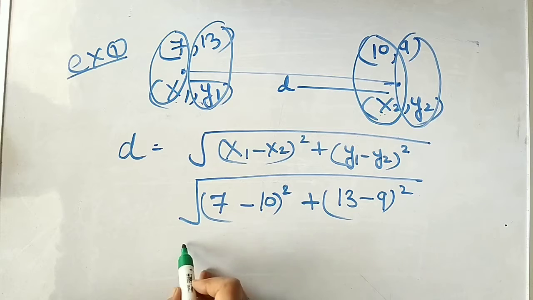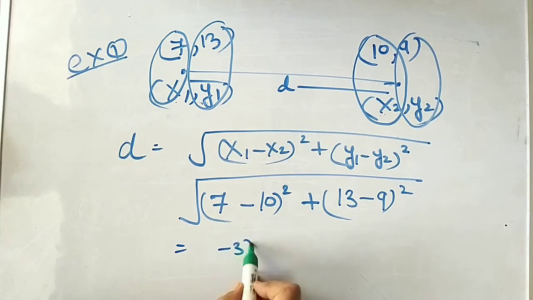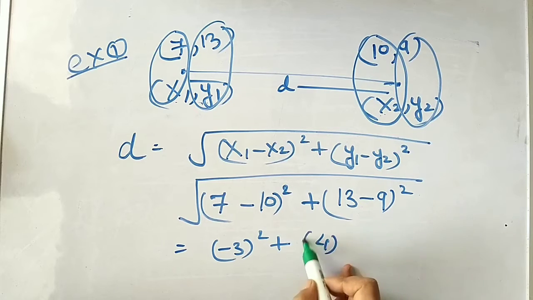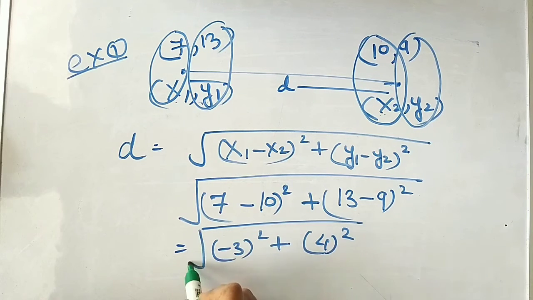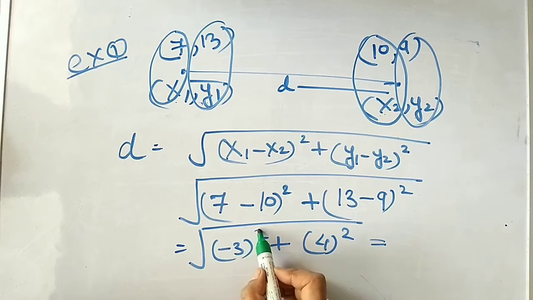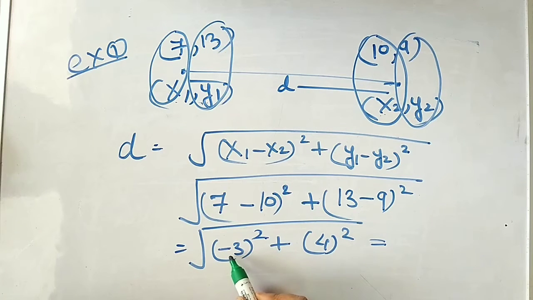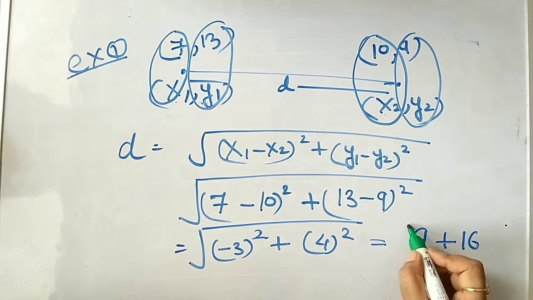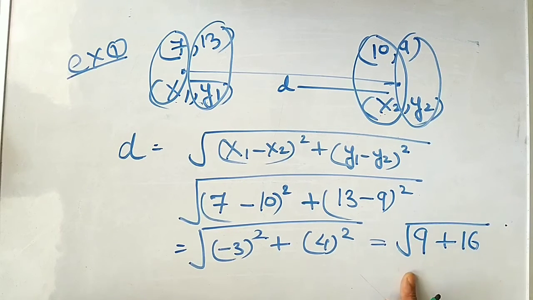Now we have to just simplify. 7 minus 10 is minus 3 square, plus 13 minus 9 is 4 square, under root. When we square, minus becomes plus. 3 square is 9 and 4 square is 16. What is 9 plus 16 under root? It is under root of 25, which is nothing but 5.